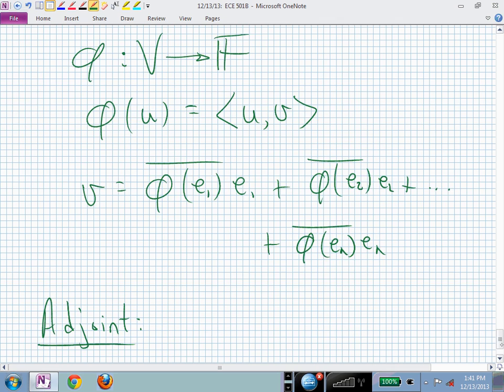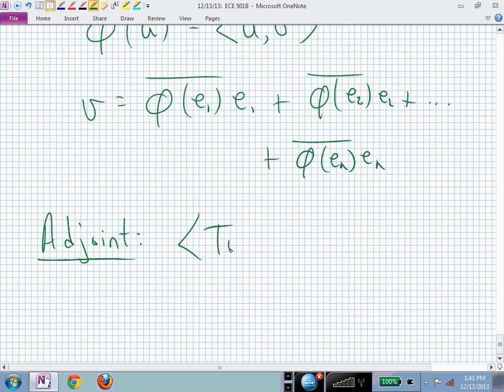The adjoint was defined in terms of an equality of inner products. If we have a linear map T operating on V, and take the inner product of that with any W, then we said let's define an adjoint operator that gives us the same result in an inner product sense as the inner product of V with this linear operator, something operating on W. We called that the adjoint, T dagger.